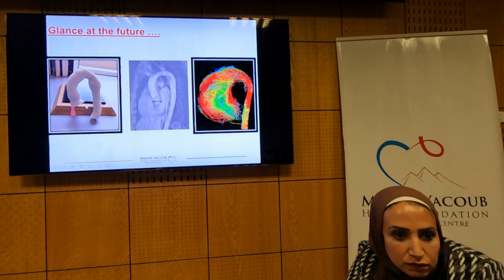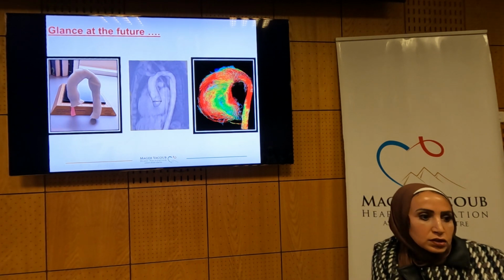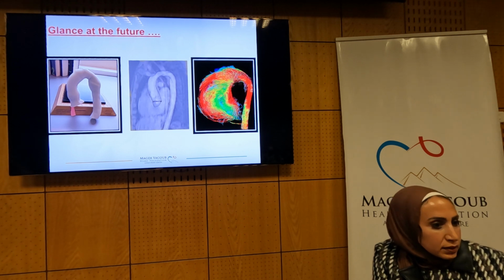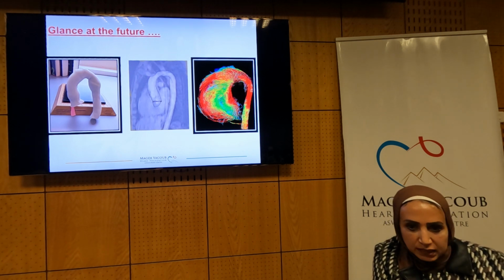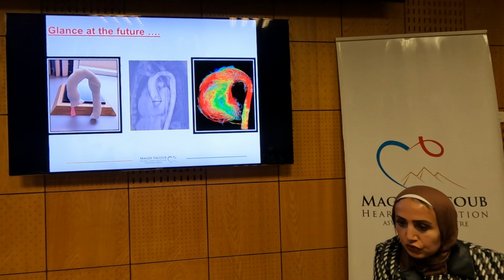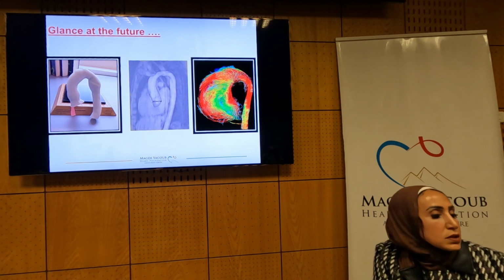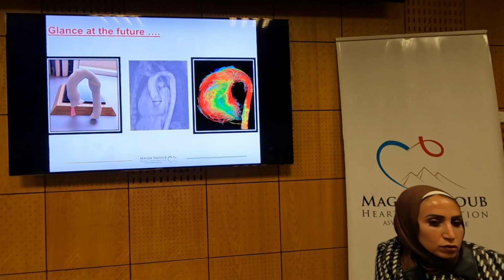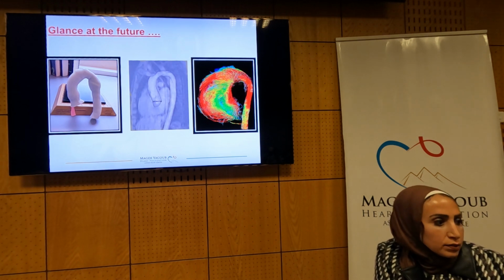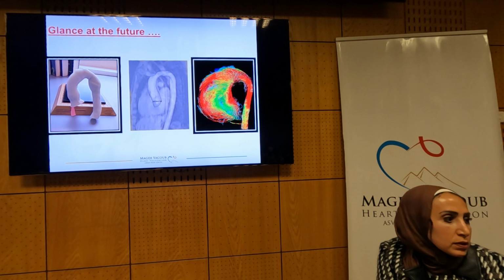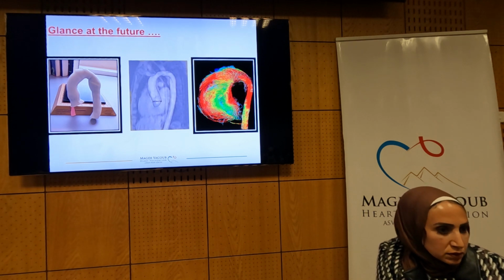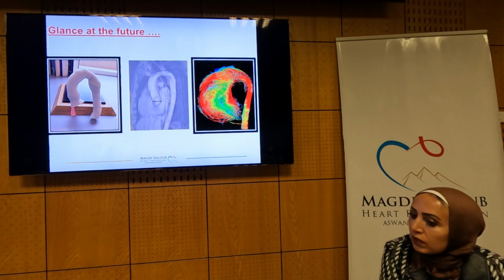So it's very easy to get this structure as a 3D model and to plan ahead what is going to happen for this baby and personalize the operation. Why the aorta? Because it's a larger structure, so you have all the time and you have all the good imaging to image it, compared, for example, to the mitral or tricuspid valve inside the heart, where we're facing the movement of that.